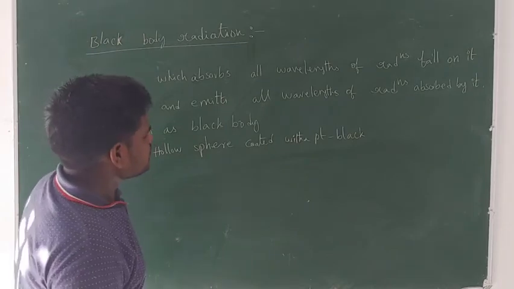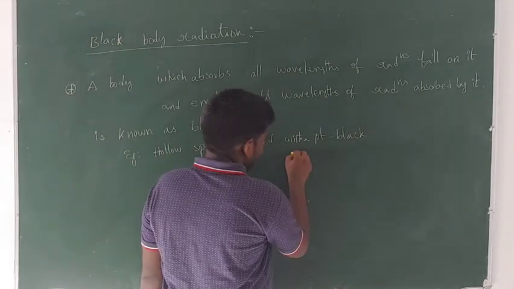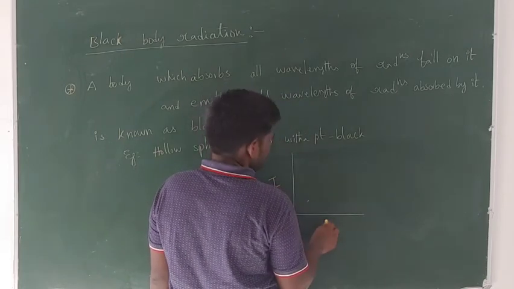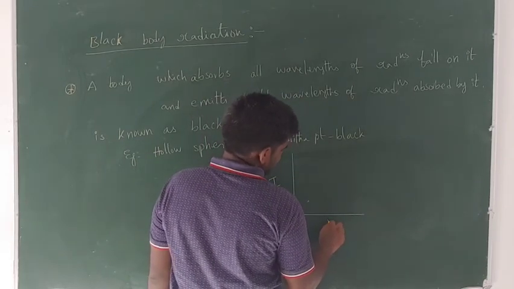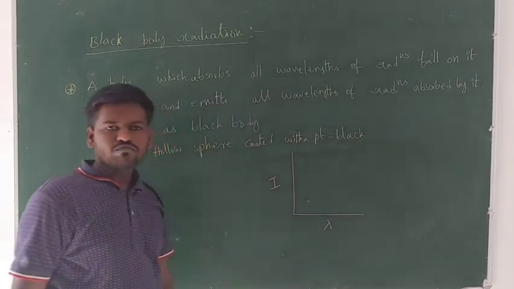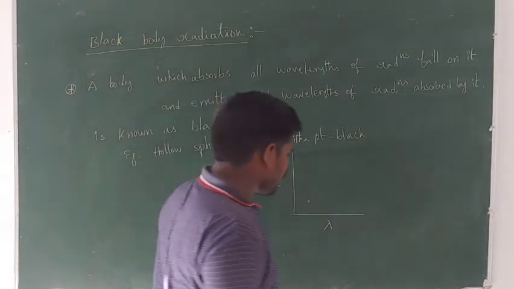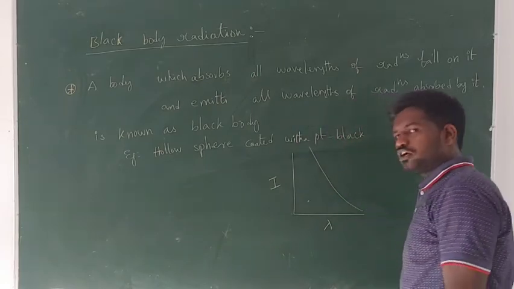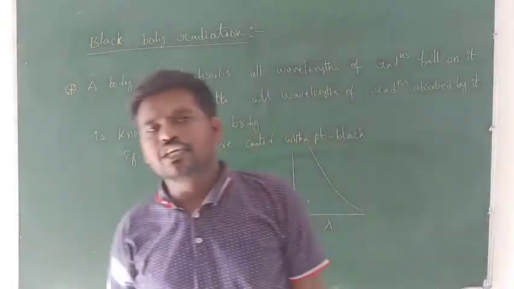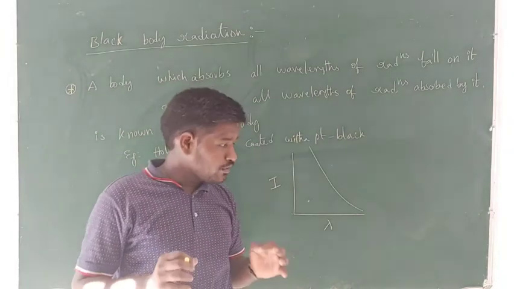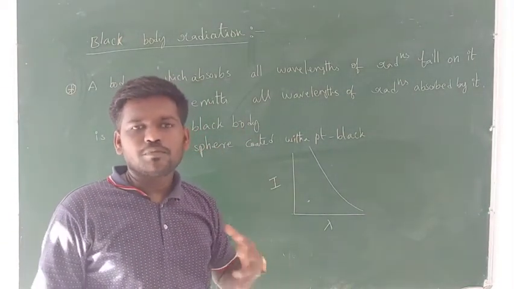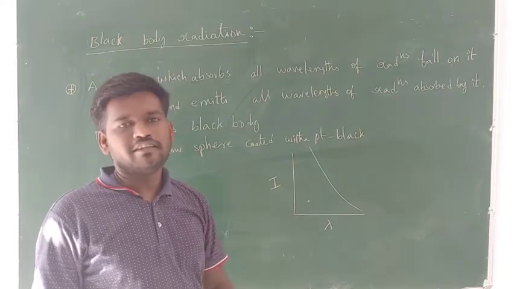Now Max Planck drew a graph between the intensity and the radiation wavelength of a black body. He expected a graph like this, because according to electromagnetic wave theory, absorption or emission of energy or radiation takes place continuously.